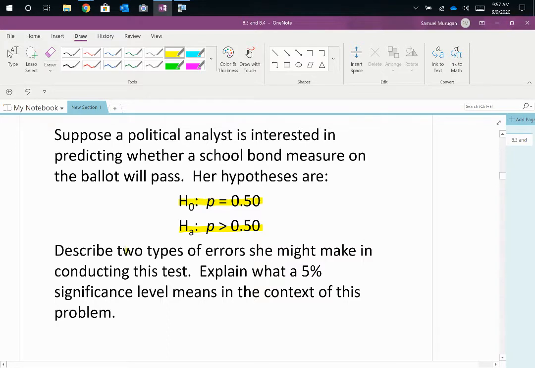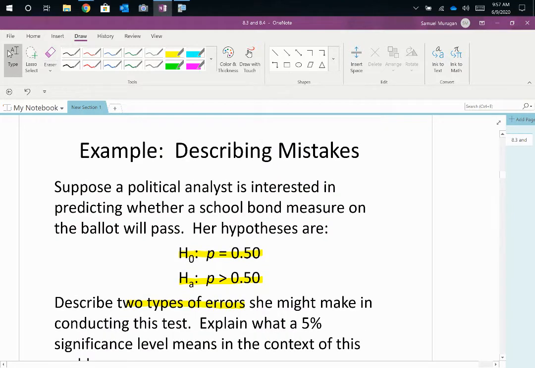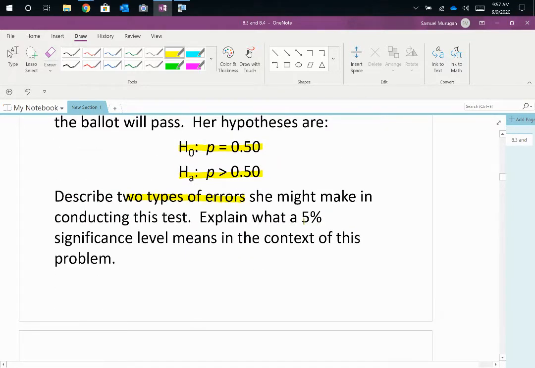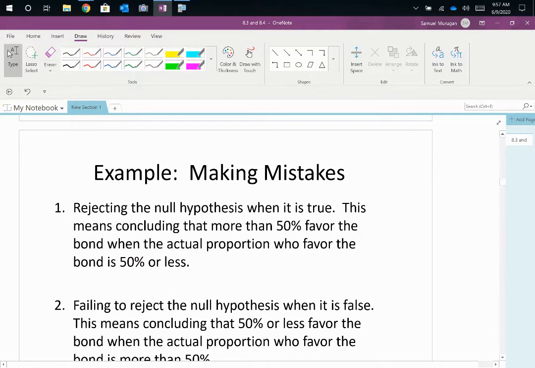Okay, so we're going to describe the two types of errors that are mentioned here, and I'm using an example to illustrate what's happening, and then explain what a 5% significance level means in the context of this problem. So let's see the mistakes that could be made.